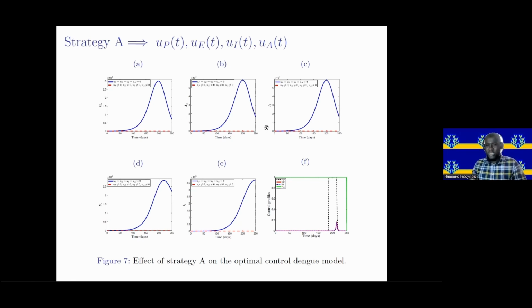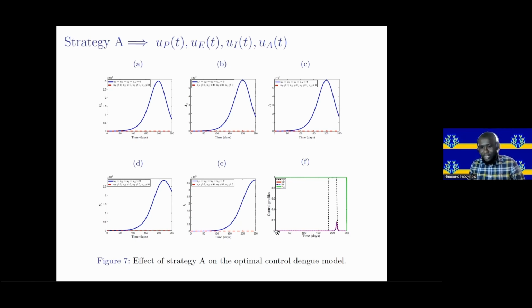This is also observed in the other human subclasses and the vector subclasses. This plot here is the control profile plot for strategy A. The dashed curve here corresponds to the intervention using the insecticide treated bed net. The duration of the simulation is up to 250 days.